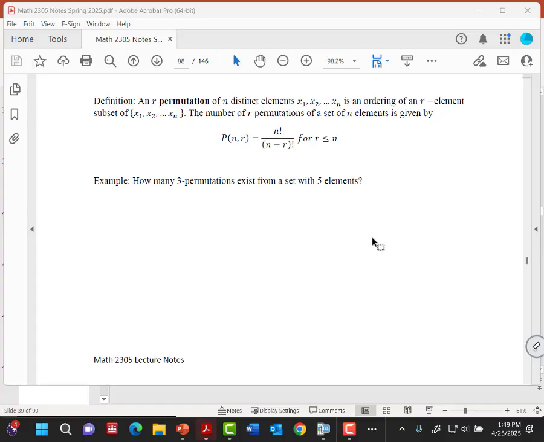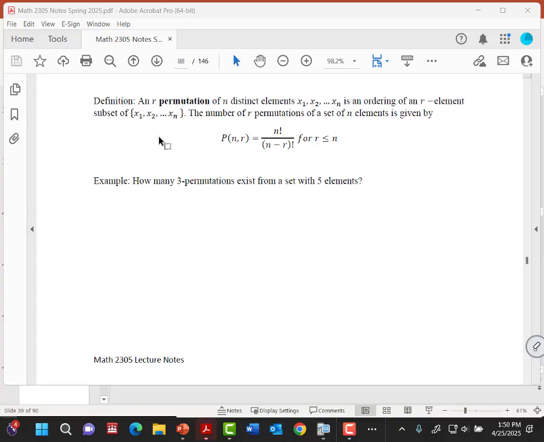An R permutation of n distinct elements x1 to xn is an ordering of an R element subset of x1 to xn. The number of R permutations of a set of n elements is given by this formula. So n permutation R is n factorial over n minus R factorial.